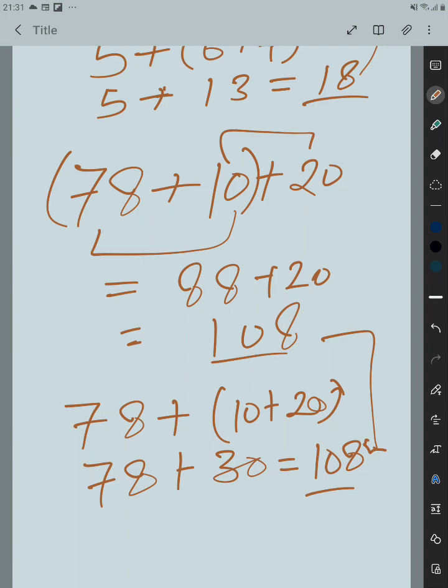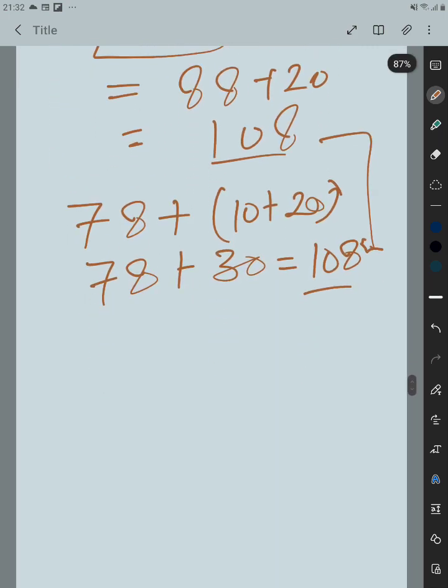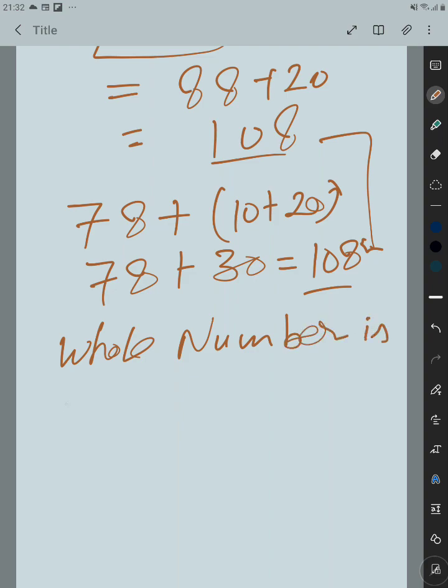Whole numbers are associative for addition.